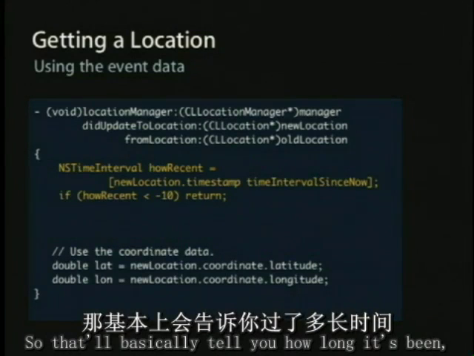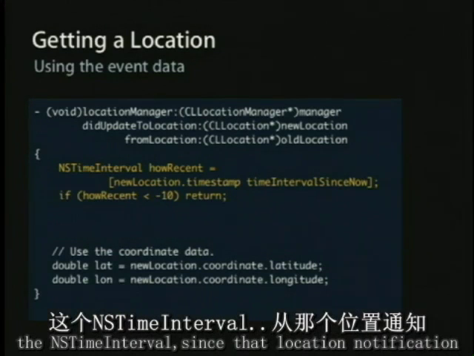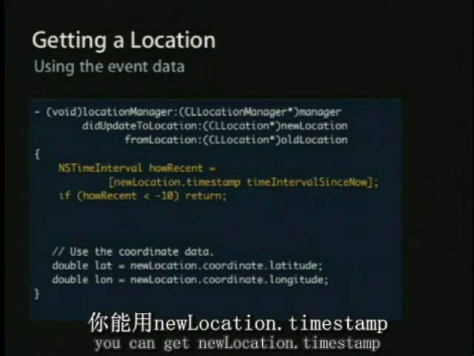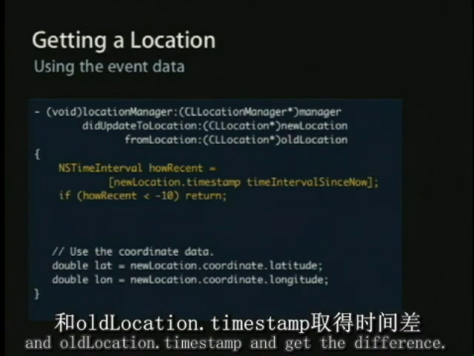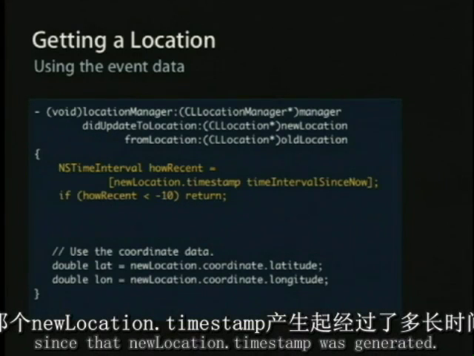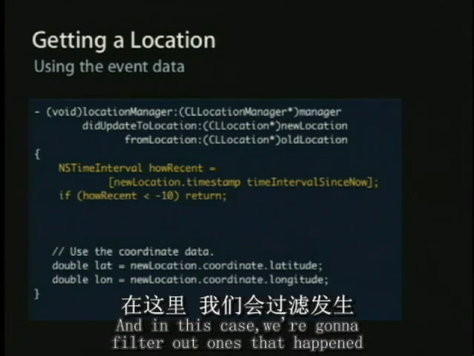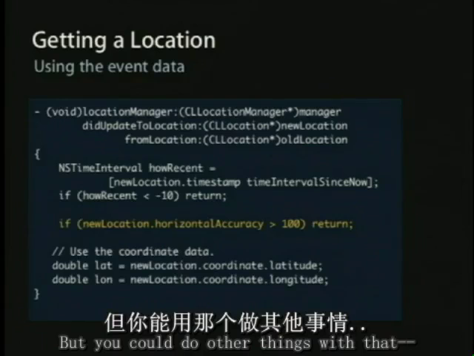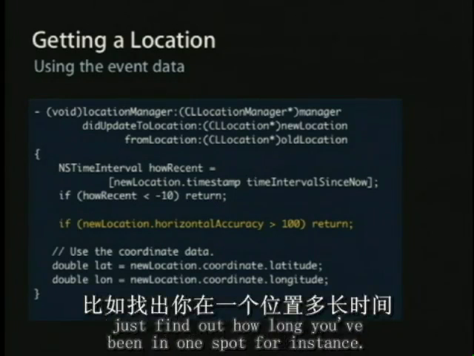So that'll basically tell you how long it's been, the NSTimeInterval, since that location notification was generated. So if you wanted to find out how long it was between them, you could get newLocation.timestamp and oldLocation.timestamp and get the difference. This just tells us how long it's been since that new location timestamp was generated. And in this case, we're going to filter out ones that happened in some period of time. But you could do other things with that, like just find out how long you've been in one spot, for instance.